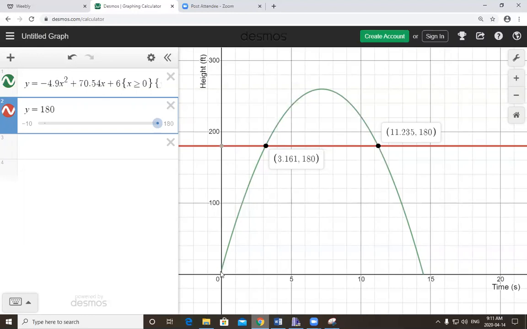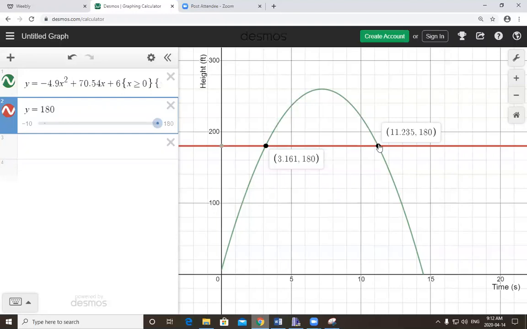So when the cannonball is launched at 3.161 seconds, it hits 180, it goes above 180, comes back down, and hits 180 feet in height at 11.235 seconds, and then carries on. Okay, so there are 2 times at which the cannonball hits 180.